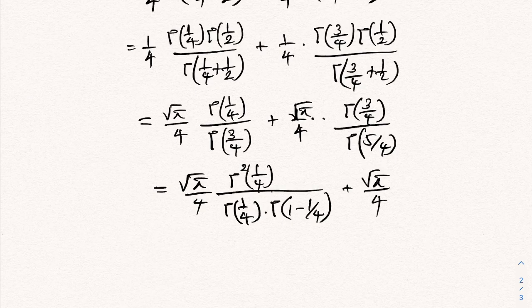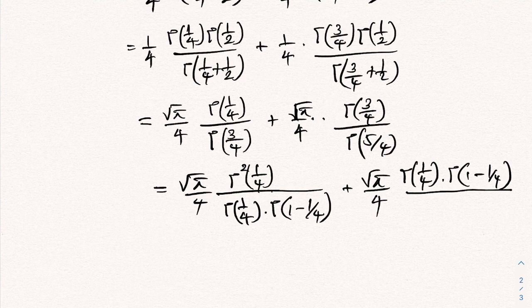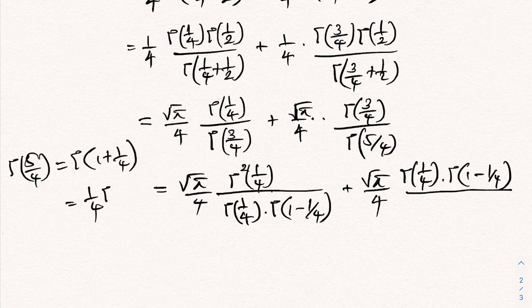Then here plus square root of pi over 4. Again I am going to multiply both numerator and denominator by gamma of 1 over 4. So gamma of 1 over 4 times gamma of 3 over 4 we can write as gamma of 1 minus 1 over 4, over here gamma of 5 over 4. We know gamma of 5 over 4 is equal to gamma of 1 plus 1 over 4, so this is equal to 1 over 4 times gamma of 1 over 4.